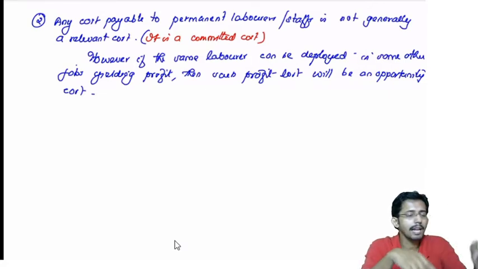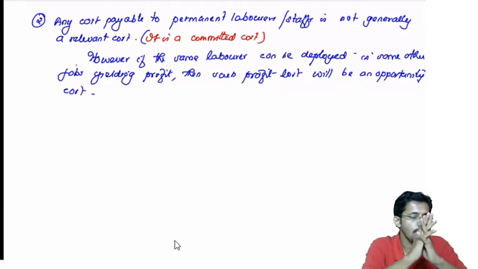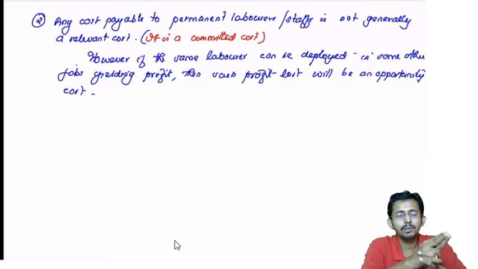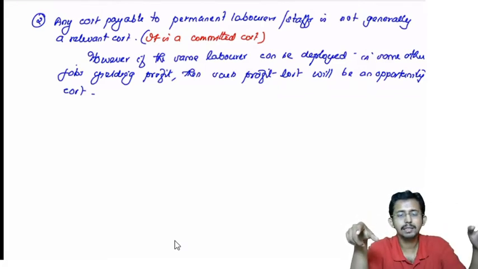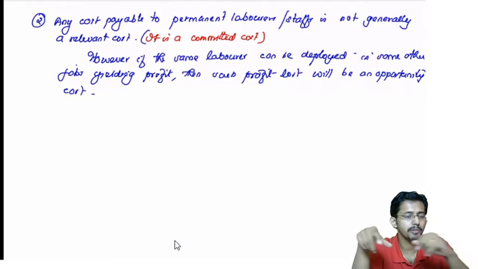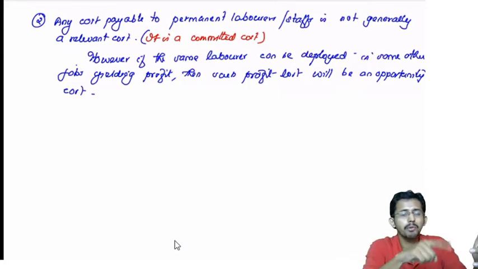So, the salary payable to that laborer is a committed cost and it is not relevant. On the other hand, if you are not accepting this particular audit, then that chartered accountant will be free. You can use his or her time for another audit, and that audit can be done only if this particular chartered accountant is free.